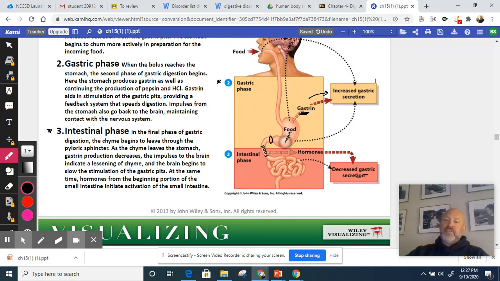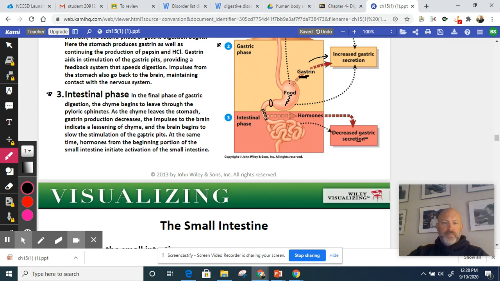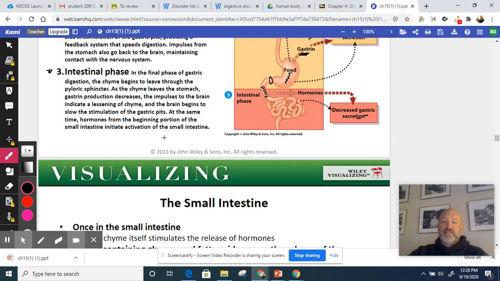So the activity of the stomach will slow down. As feedback is coming up from the stomach as it empties to the brain, a new set of hormones will be produced that slow the gastric secretions down. And a new set of hormones here will also increase the activity of the small intestines.